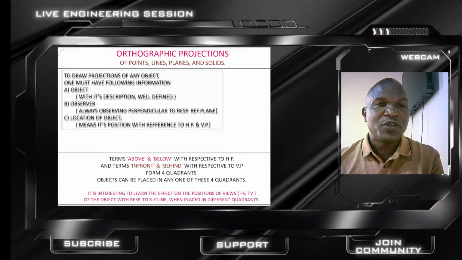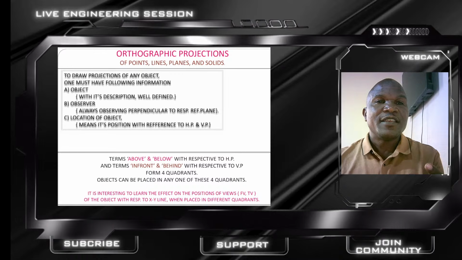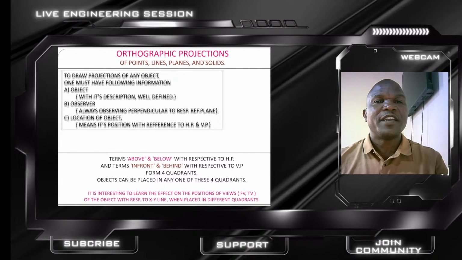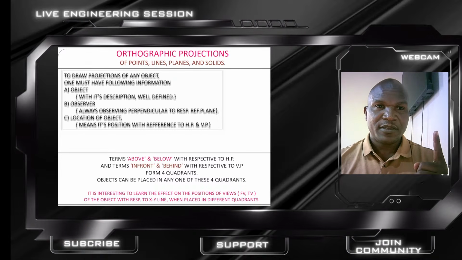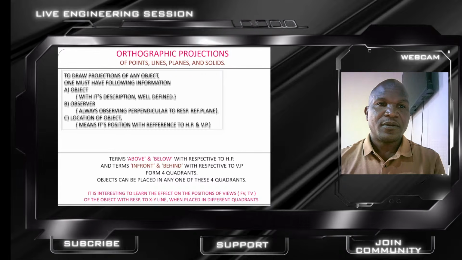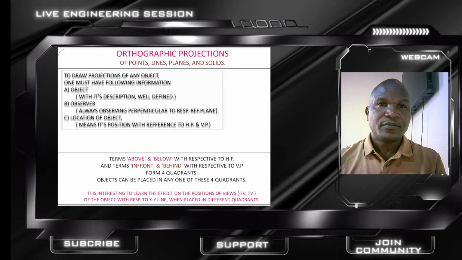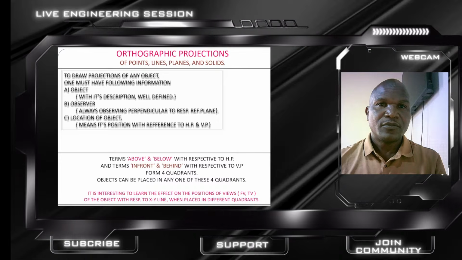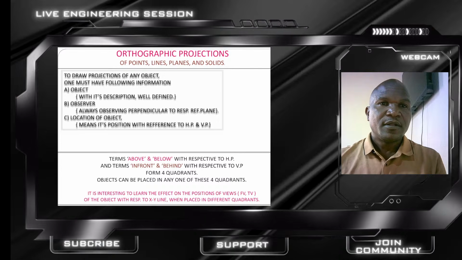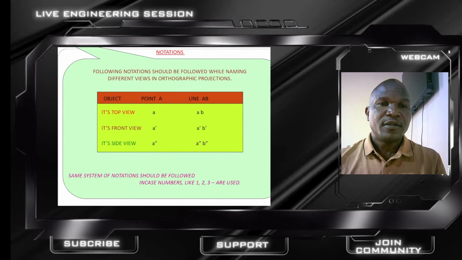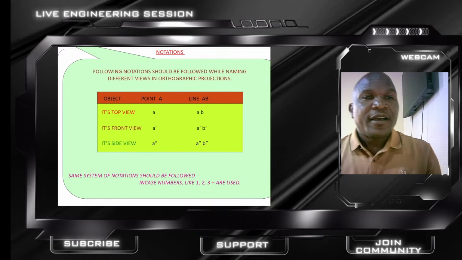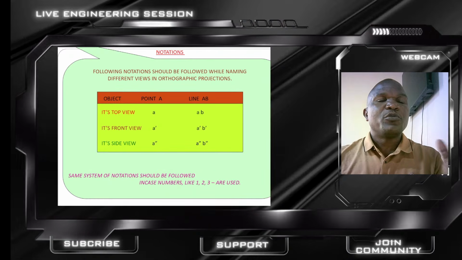And as I lay this foundation, I want you to pay very close attention. Before drawing any projection, there are three things you must define. First, the object: what exactly are you projecting?